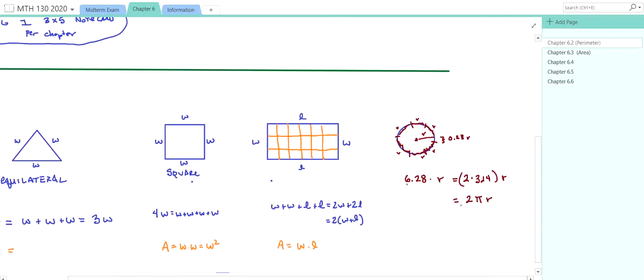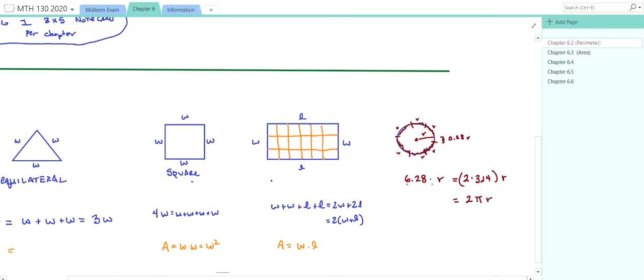Finally, we talked about the perimeter of a circle, and we've done this a number of times, where we see that if we take the radius of any circle, we could lay that radius, like for example, pretend you have a piece of string that is the size of the radius, and you lay it along the outside of the circle. You're going to get 6 of these radius lengths that go around the circle, and you'll still have a little bit left, and that'll be like 0.28 r.